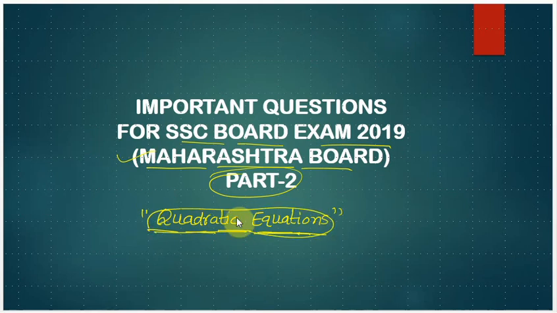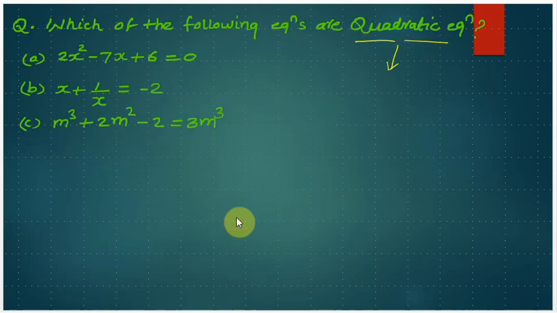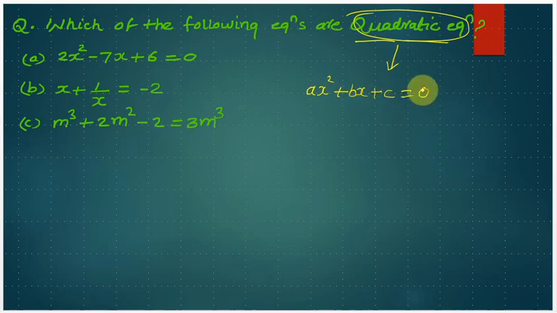Let's proceed. First question: which of the following equations are quadratic equations? First of all, we have to discuss what is meant by a quadratic equation. The general form of the quadratic equation is ax square plus bx plus c is equal to 0.